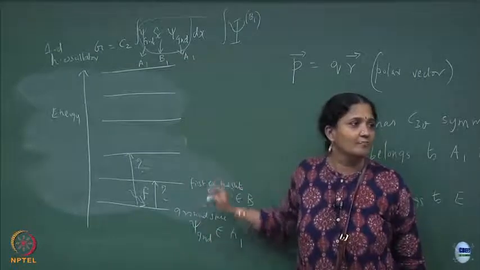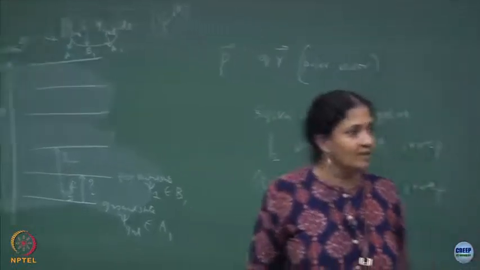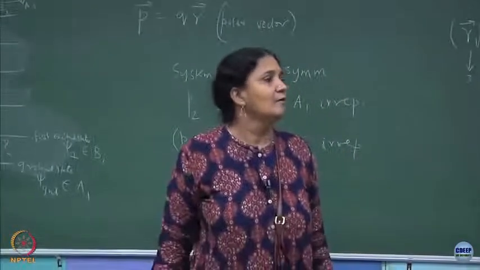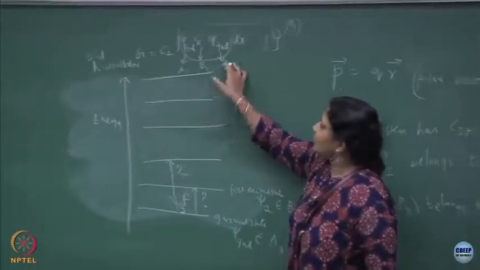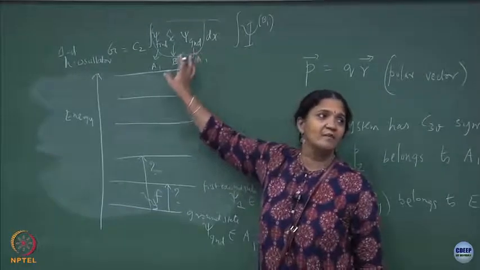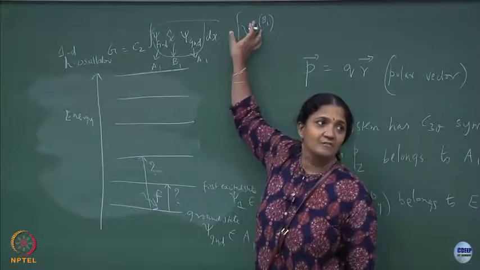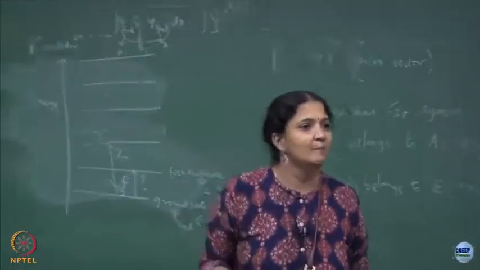If you take the x component of the electric dipole moment operator, it belongs to the B1 irrep of C2, and if I blindly treat it like a tensor product of irreps, I end up getting an object which belongs to B1.